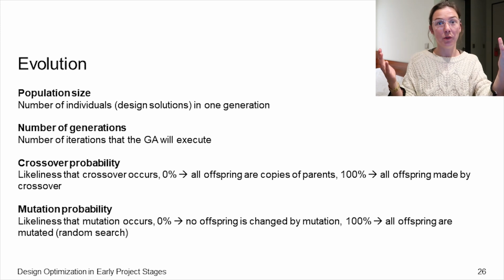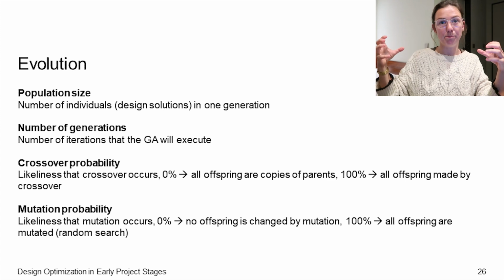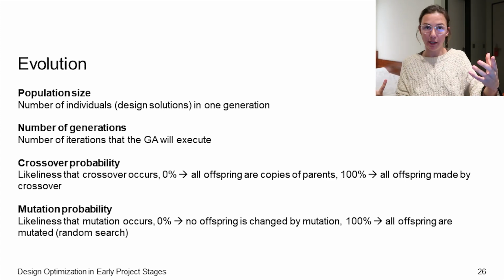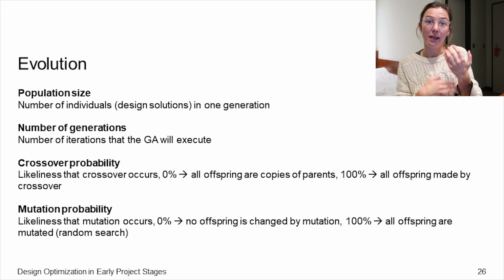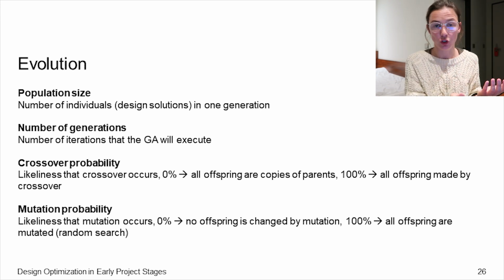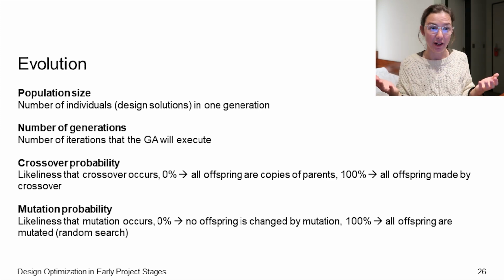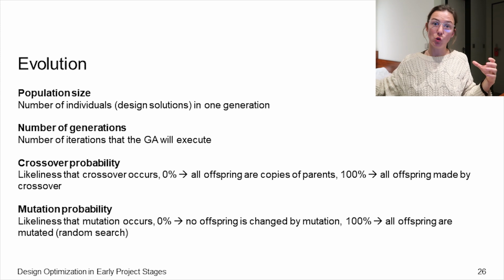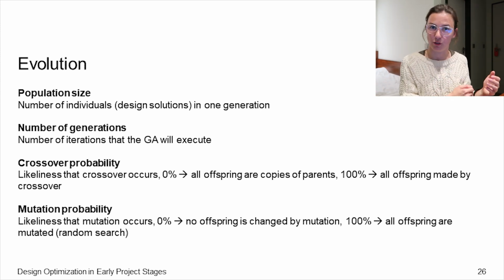So for the population size, it's good to have a bigger population size, because that means the chances are higher that a good solution is already part of the very first generation. However, if the population size becomes too big, it also takes very long to rule out bad performing solutions.